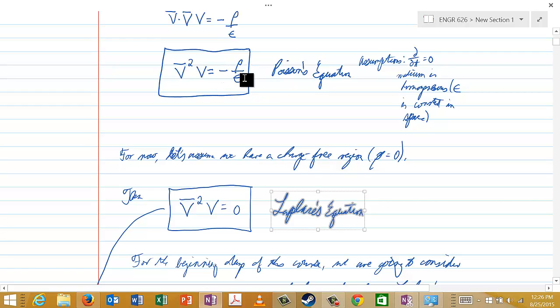And this is an important equation in electromagnetics. It is called Poisson's equation.